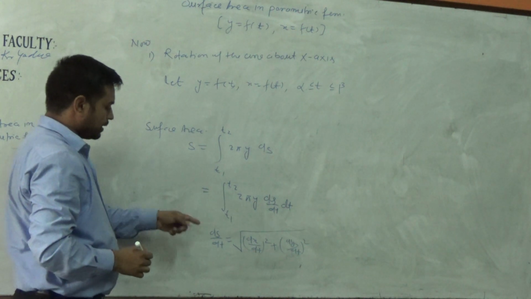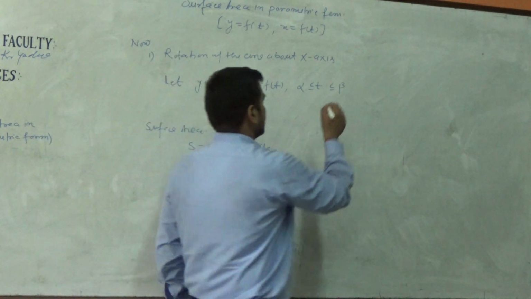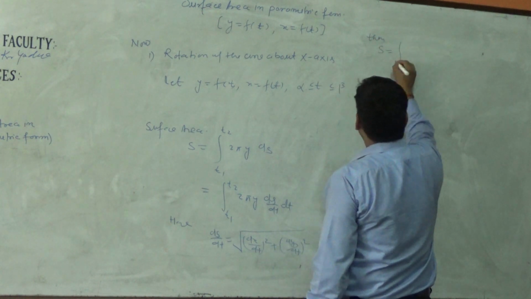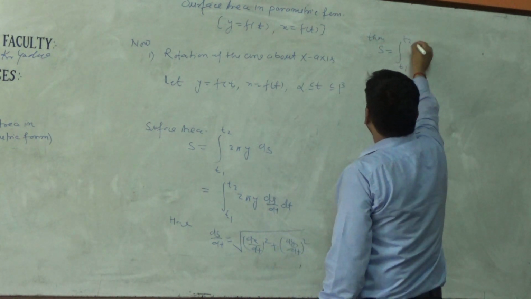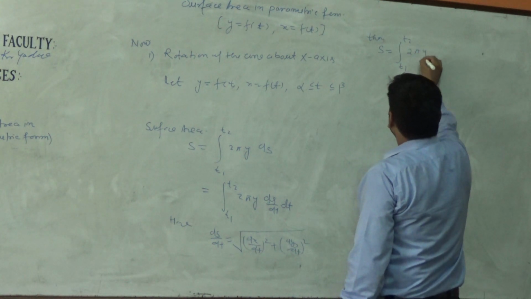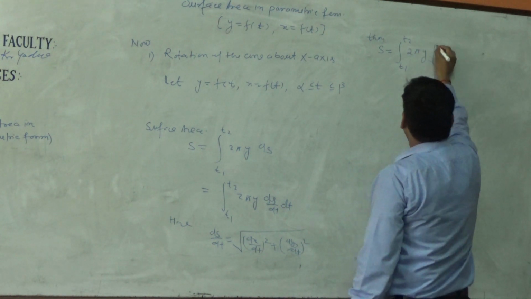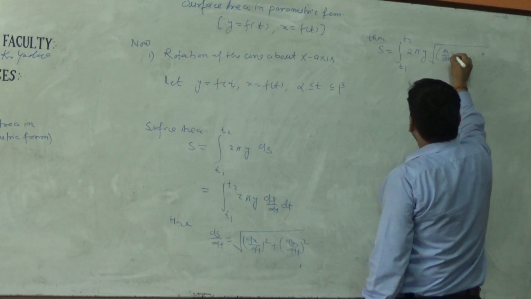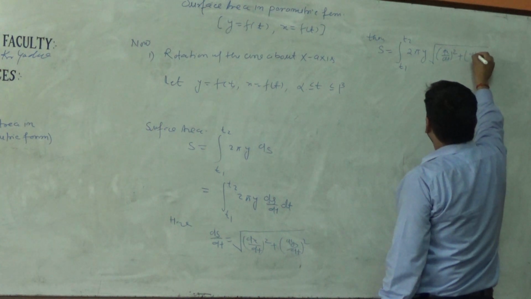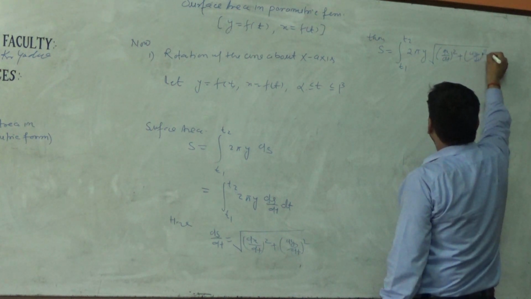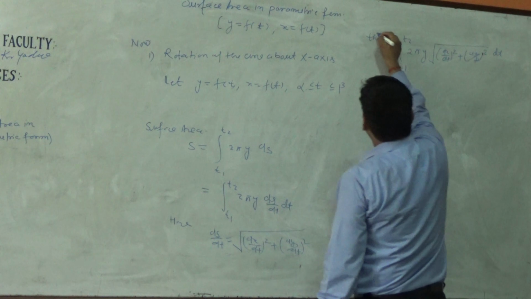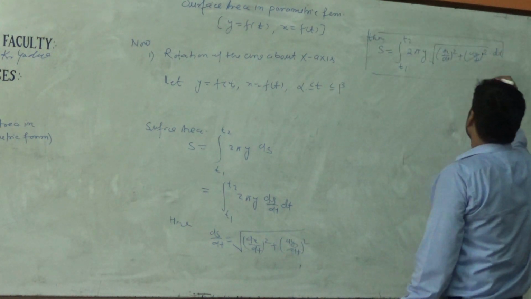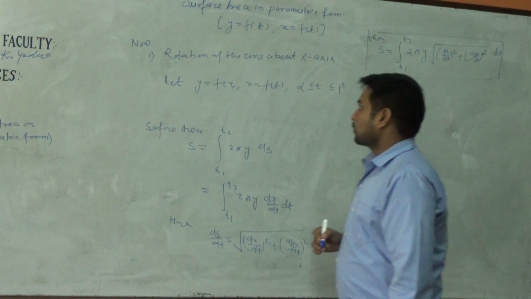Substituting, the surface area S equals the integral from t1 to t2 of 2 pi y into under root dx upon dt whole square plus dy upon dt whole square into dt. This is the required solution of surface area in parametric form.